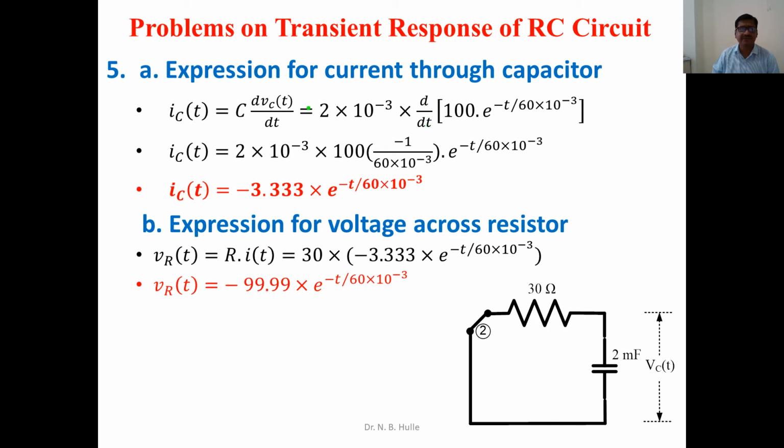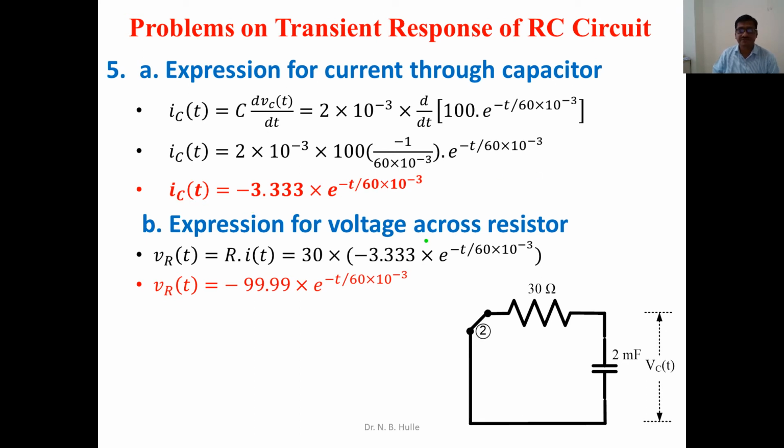Finding the derivative of this function, where C and 100 are constants, we get e^(-t/tau) times minus 1 upon 60 × 10^-3. Simplifying the complete expression, we get Ic(t) = minus 3.33 e^(-t/tau), which is the expression for the current flowing through the capacitor.